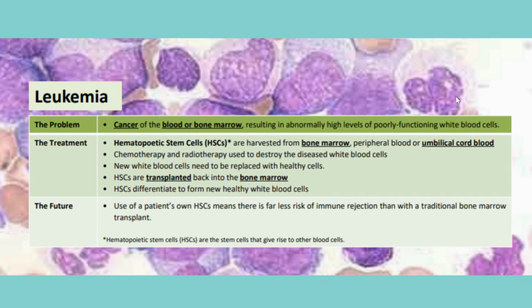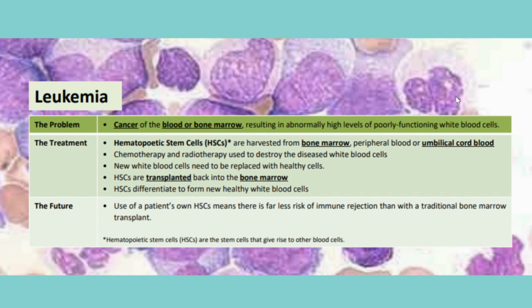And chemotherapy and radiotherapy are used to destroy the diseased white blood cells. And then new white blood cells, which are generated from your hemopoietic stem cells, are replaced. And so your hemopoietic stem cells, or your HSCs, are transplanted back into the bone marrow, because your bone marrow is a place where your platelets, red blood cells, white blood cells are produced by the body.